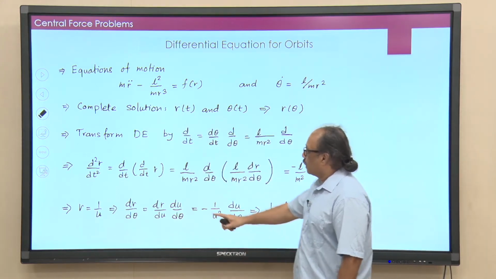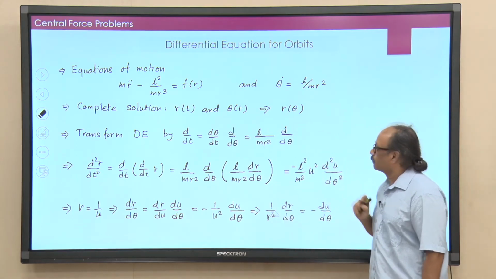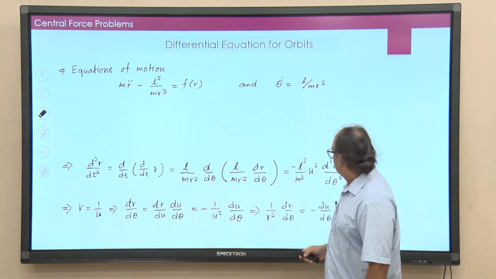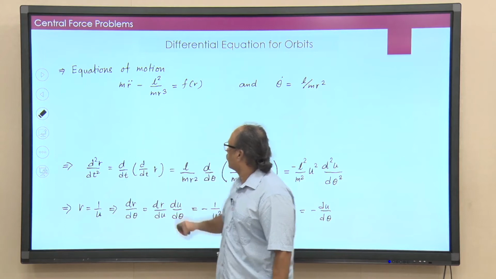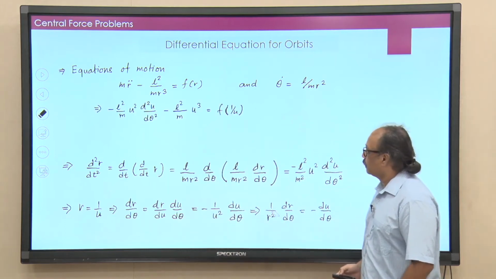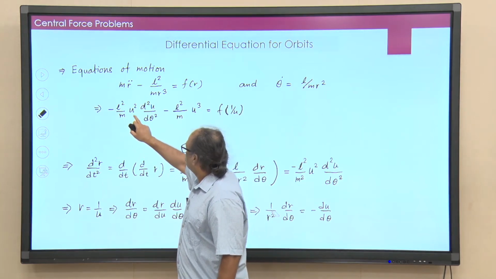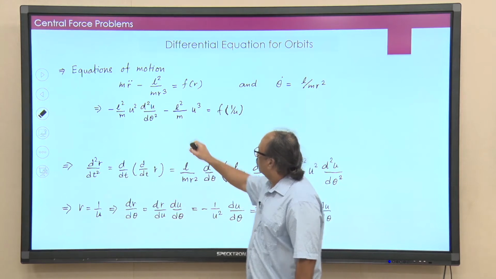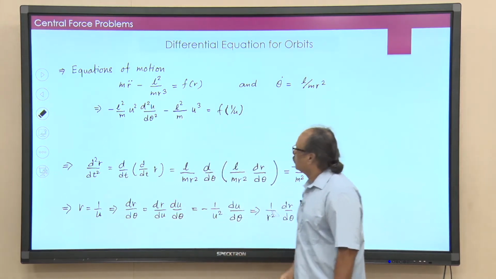So, basically r double dot is equal to this much. So, I will wipe these two lines in between, okay, and let us put this back in this equation. So, that will become minus L square by m, one m got cancelled, into u square d squared u by d theta squared, and now I have L square by m and there is 1 over r cube, which becomes u cube.